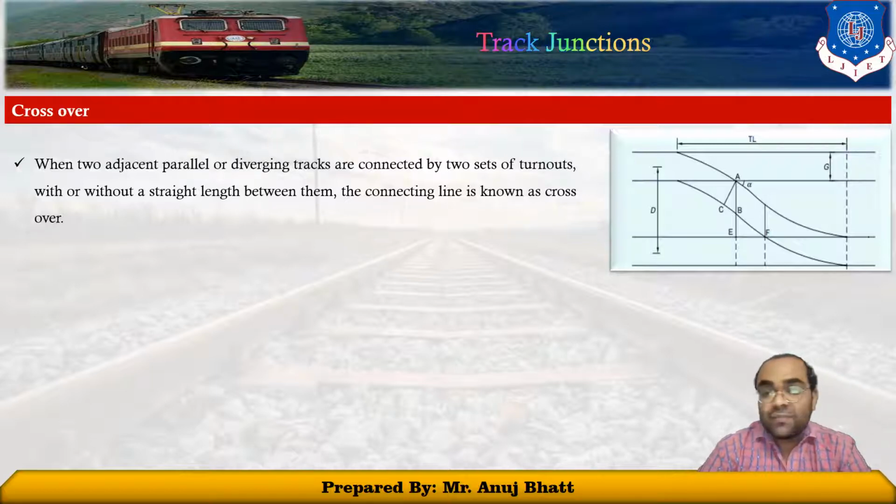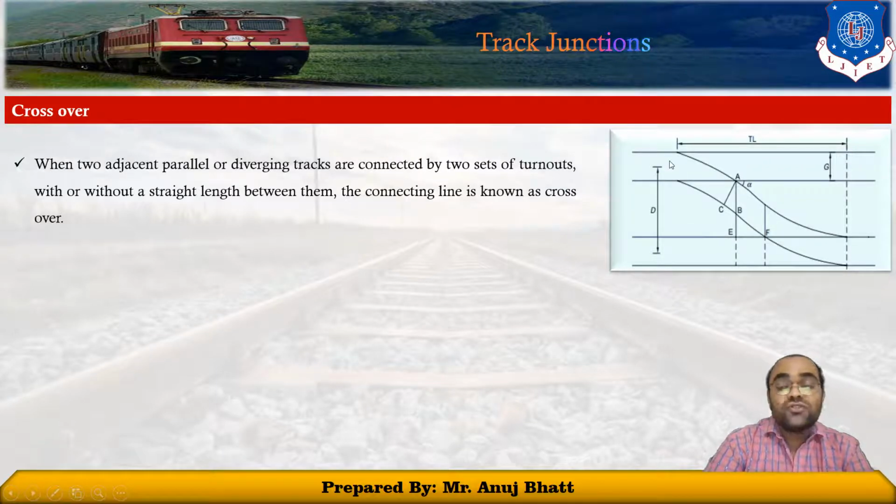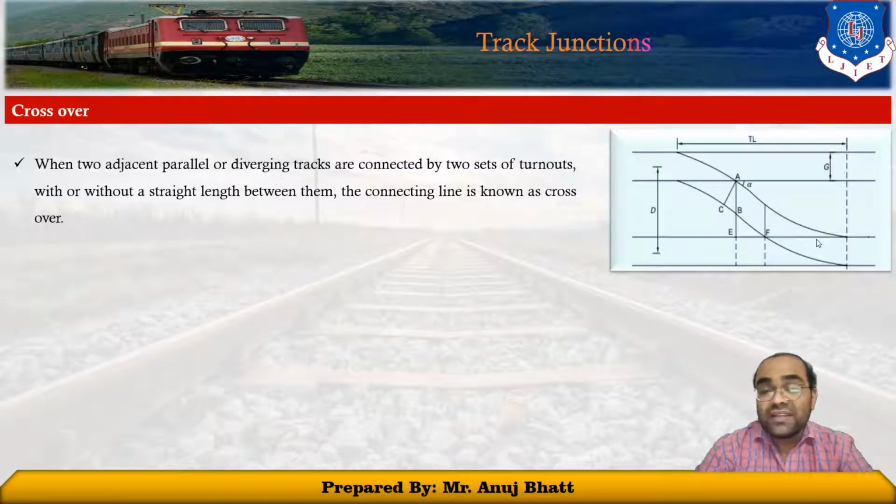It is simply like this: when two tracks are moving parallel, and the train has to change from the first line to the second line, the connecting line that we provide is known as the crossover.